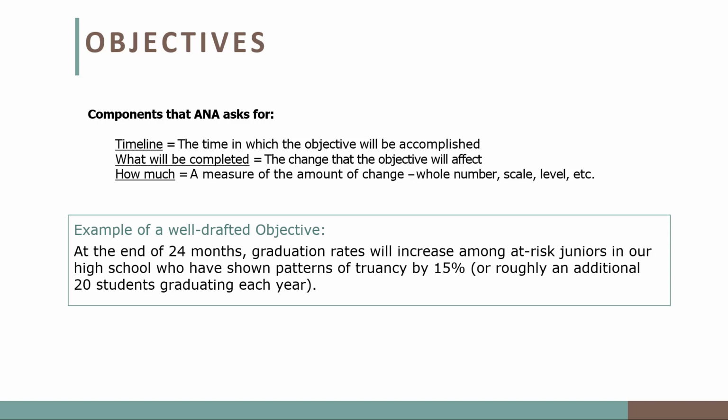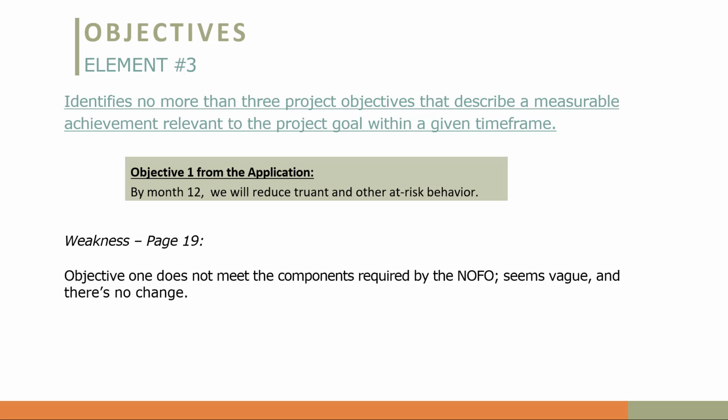Keep this in mind as we consider the next example. The application being reviewed said, by 12 months, we will reduce truant and other at-risk behavior. The panelists then considered element number 3, which asks if the application identified no more than 3 project objectives that describe a measurable achievement relevant to the project goal within a given time frame, and did it well.